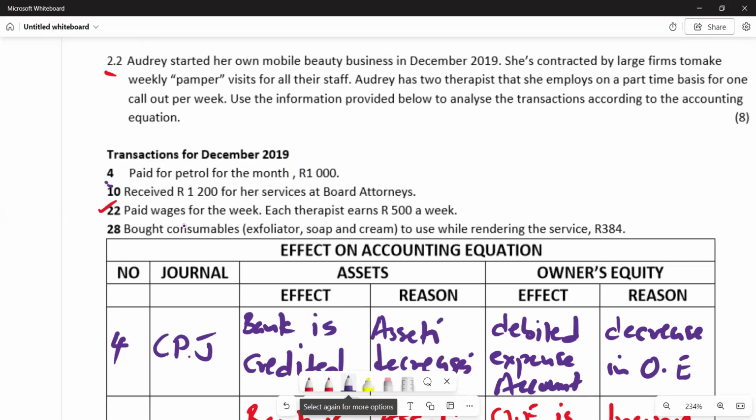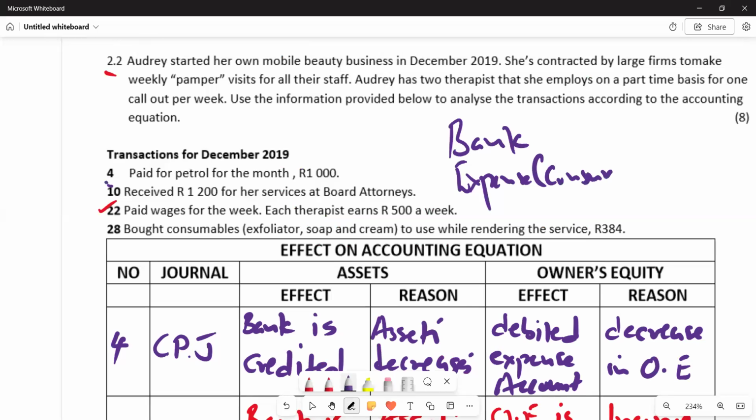We have money going out, so bank is going to be credited, and we have an expense in the form of consumables.